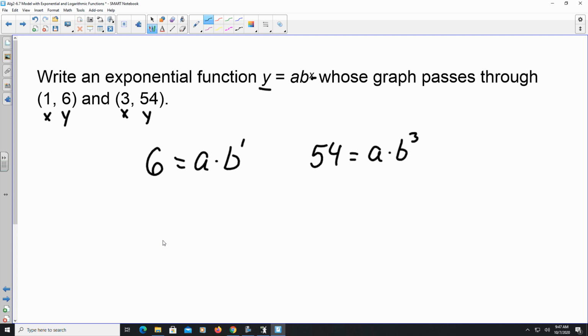All right, so my advice to you for this is we are going to solve both equations for a. So looking at this one here, I'm going to take 6 and divide it by b to the first power. That'll equal a. And then over here I have 54 divided by b to the third. That'll equal a.